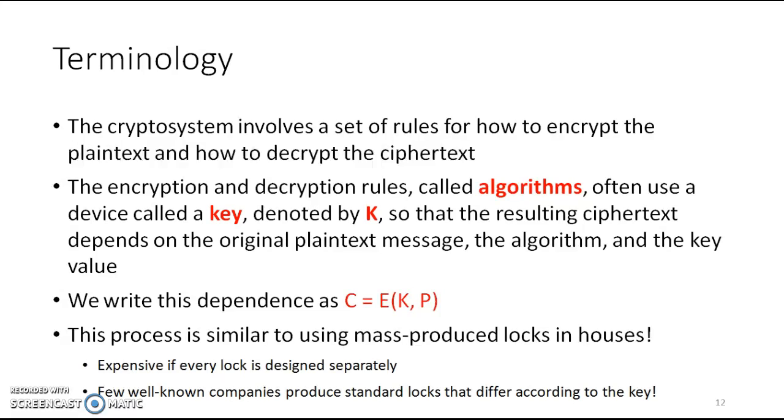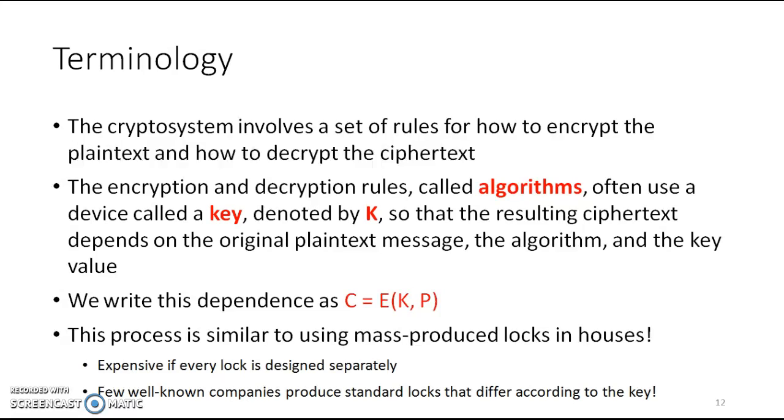Often a device called a key is used. The key is very important and we denote it with the notation K, so that the resulting ciphertext depends on the original plain text, the algorithm and the key value. The algorithm is important, but the most important is the key.